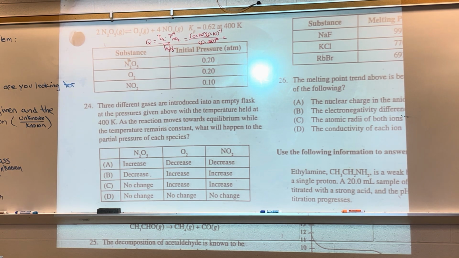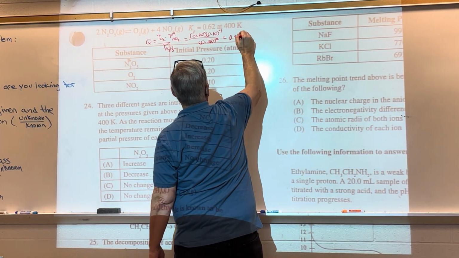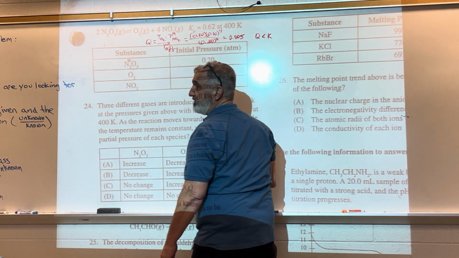So what does that come out to? One of the 0.2 is going to cancel, so you're really just dividing 0.1 to the 4th by 0.2, which comes out to what? 0.005. So Q is less than K.